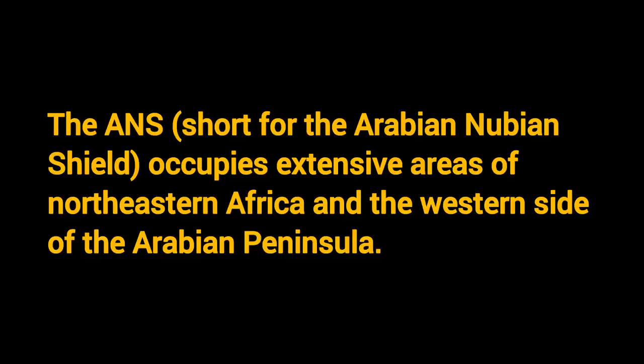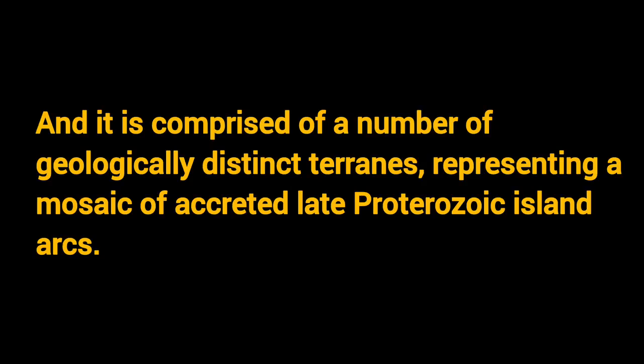The ANS, short for the Arabian Nubian Shield, occupies extensive areas of northeastern Africa and the western side of the Arabian Peninsula, and it's comprised of a number of geologically distinct terrains representing a mosaic of accreted late Proterozoic island arcs.